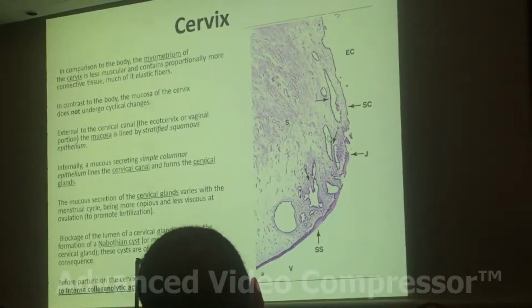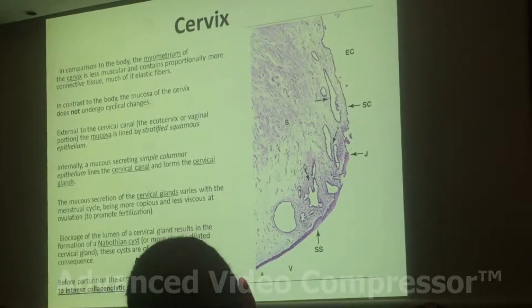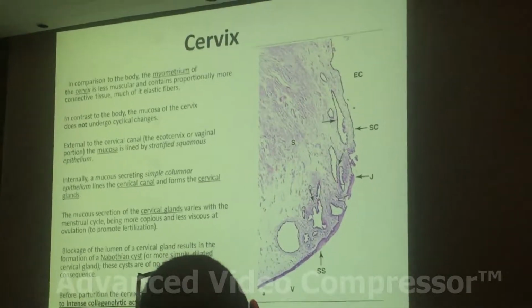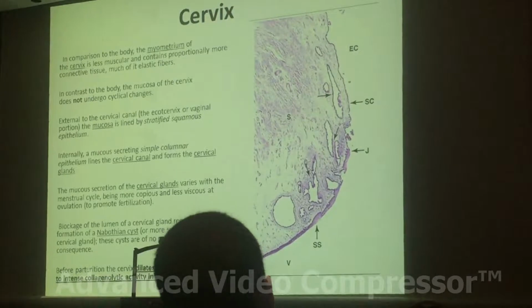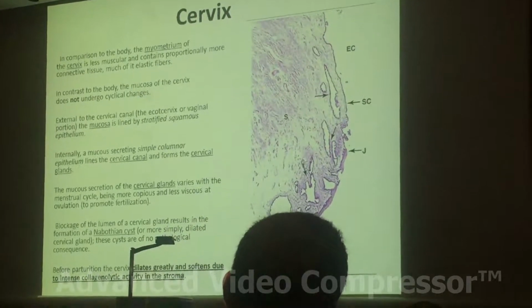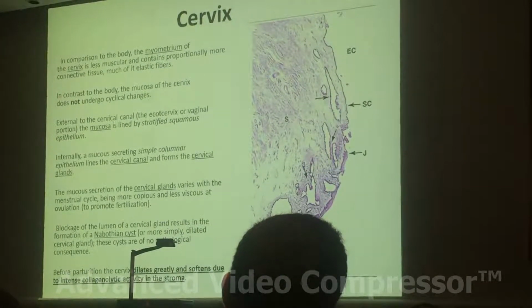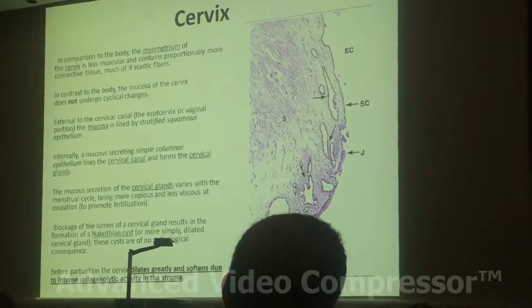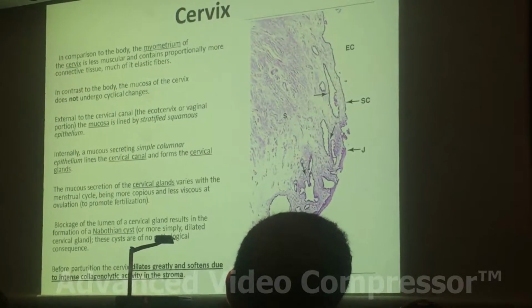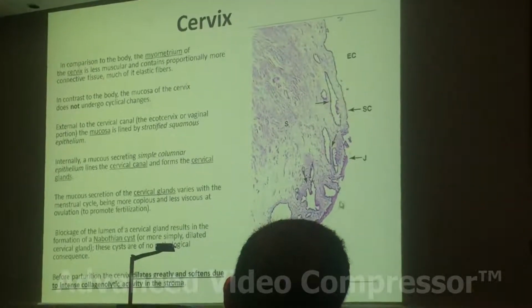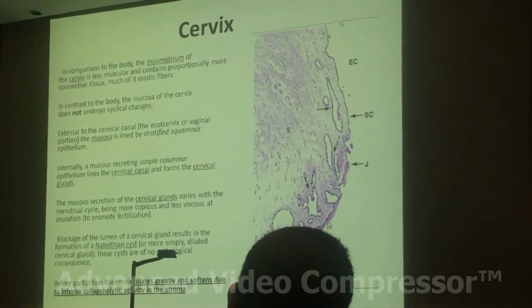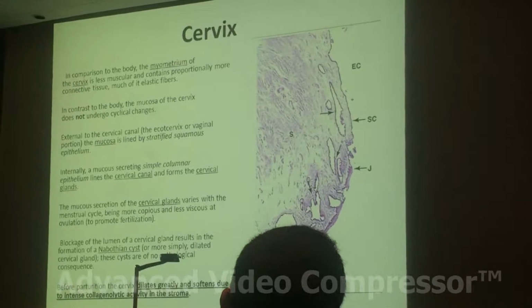But the difference is that this area of the cervix does not undergo the same cyclic changes as the remainder of the uterus. These glands could produce a large amount of mucus, the cervical mucus, or sometimes these glands dilate excessively, forming a pathological cyst called Nabothian cysts. Very common and not dangerous. The lower half of the cervix within the vagina has stratified squamous epithelium.